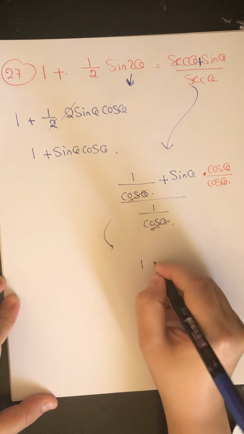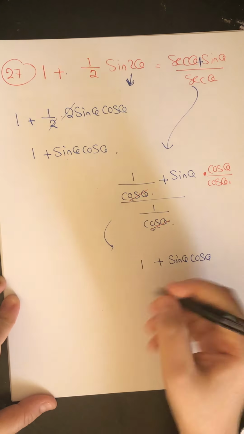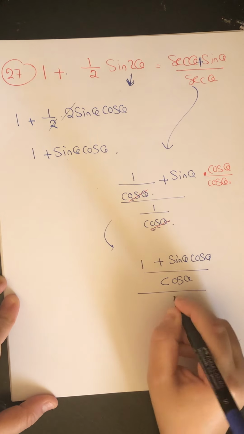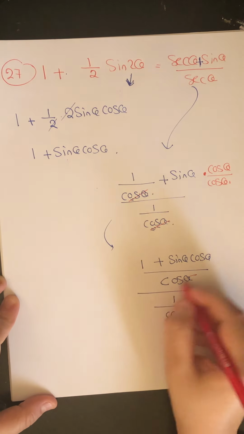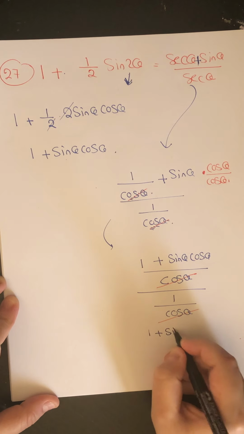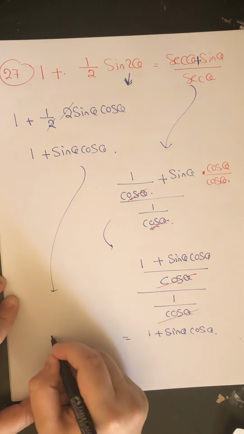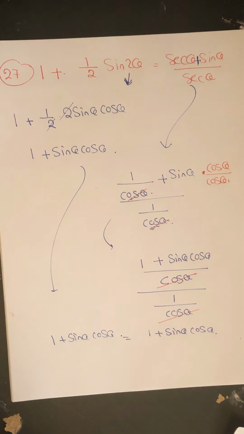So I would get 1 plus sine theta cosine theta over cosine theta, over 1 over cosine theta. Now denominator and denominator can cancel each other, and you're left with 1 plus sine theta cosine theta, which is equal to 1 plus sine theta cosine theta. And I proved it.